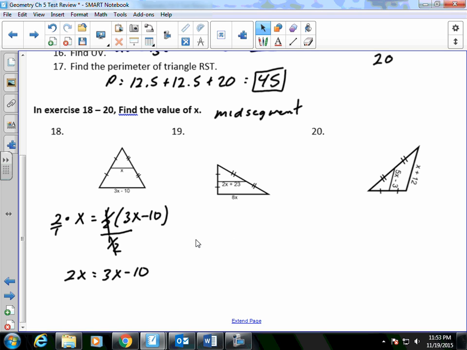And then we can solve for the x, move the 3x over. That gives us negative x equals negative 10. Lastly, divide by -1 to get that to be a positive. And we end up with x equals 10 there.